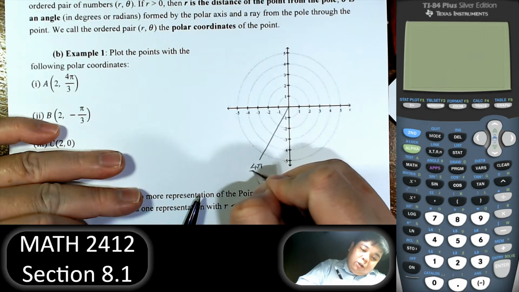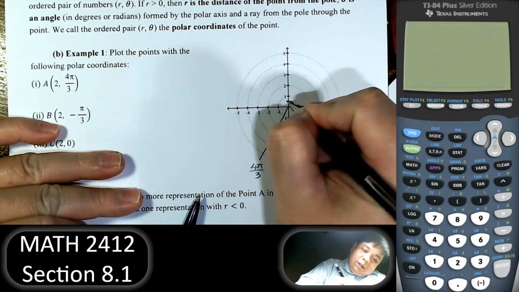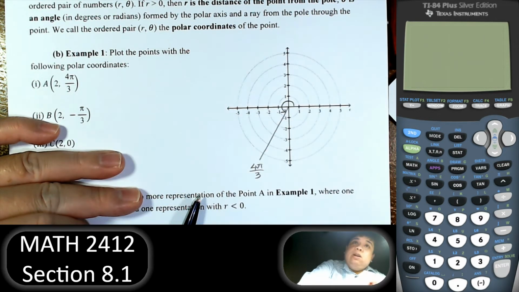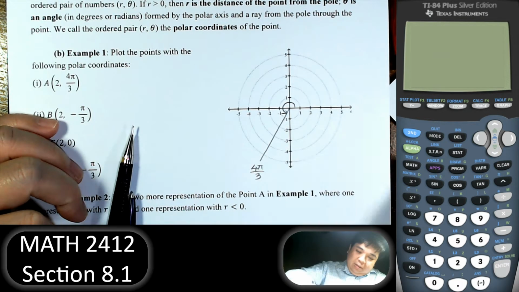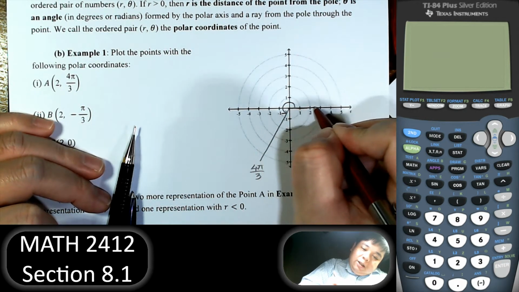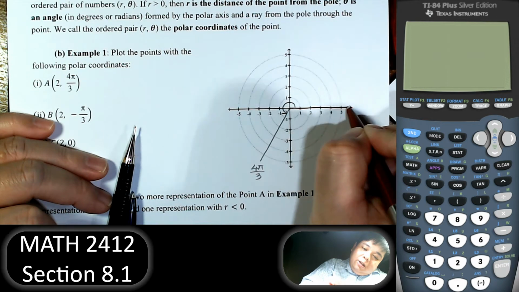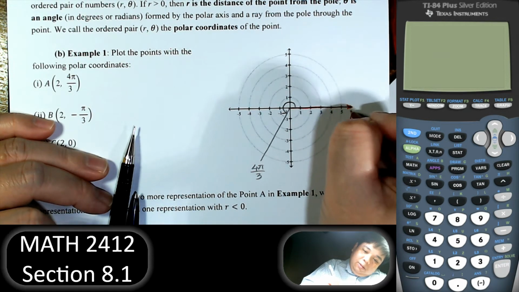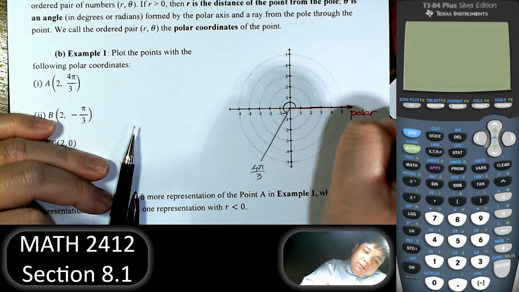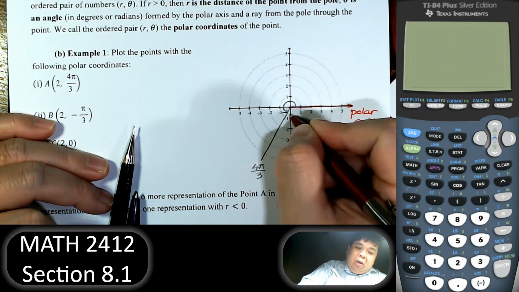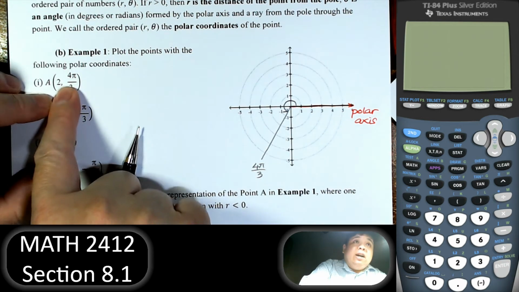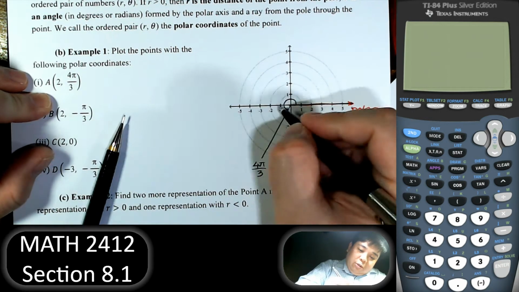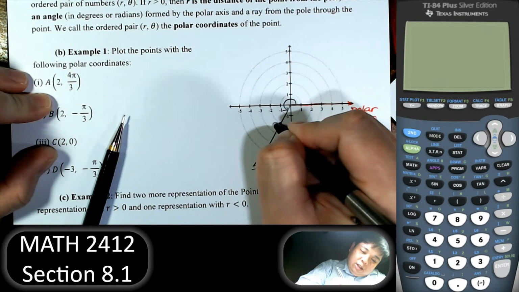If we go from this polar axis, pi over 3, and r is equal to 2, so from the center 2, this is the point A.